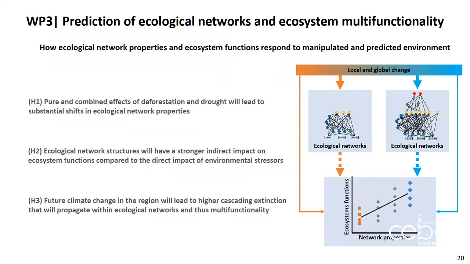Ecological network structures will have a stronger indirect impact on ecosystem function compared to the direct impact of environmental stressors. And finally, we also hypothesize that future climate change in the tropical region will lead to higher cascading extinction that will propagate within ecological networks and affect the multifunctionality of the ecosystems.